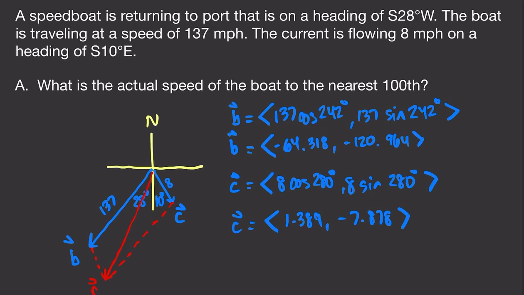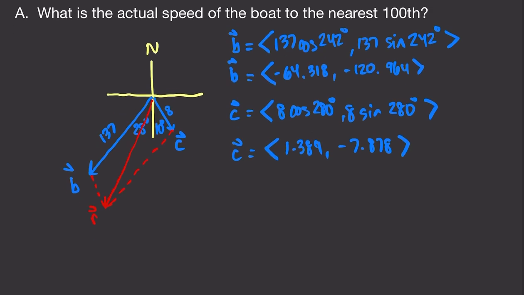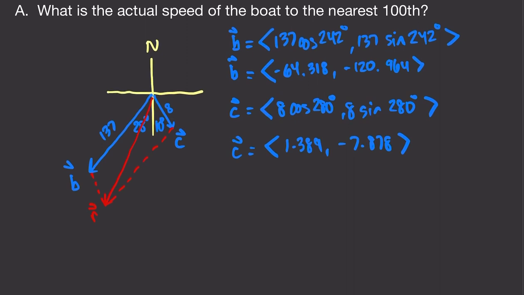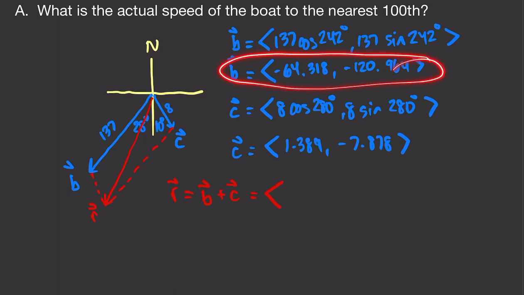So now we want to get the resultant. The resultant vector is simply going to be the boat vector plus the current vector. So I'm going to take these two right here and add them together.